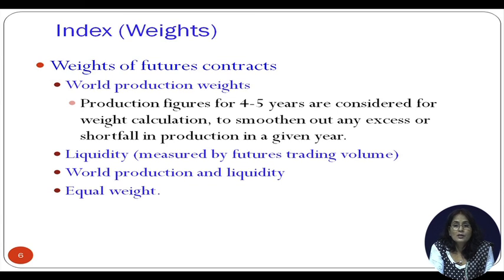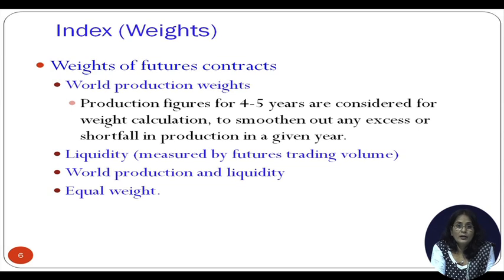Along with crude oil, let's say the committee decides on 10 other futures contracts, let's say gold, soybean, maybe cardamom, almond, and so on and so forth. Now the next question is how the weight has to be calculated, or which weight will be given to the futures price to arrive at the index value.